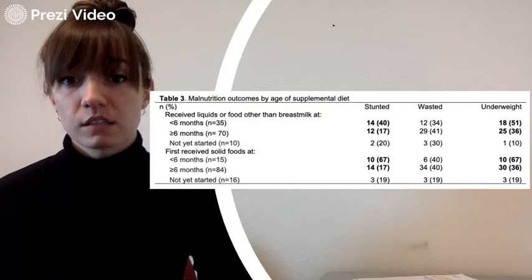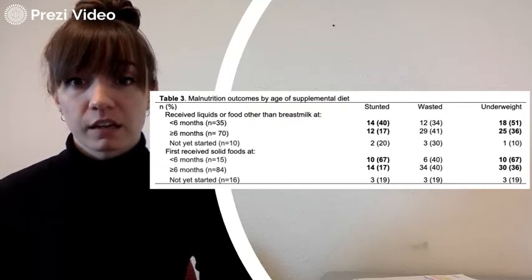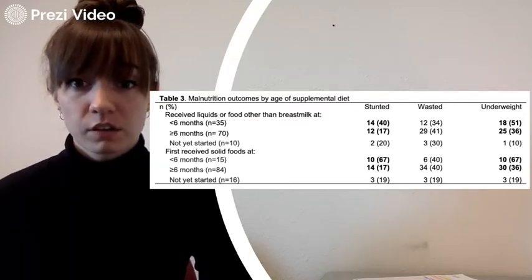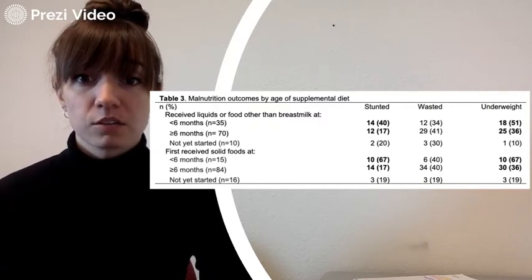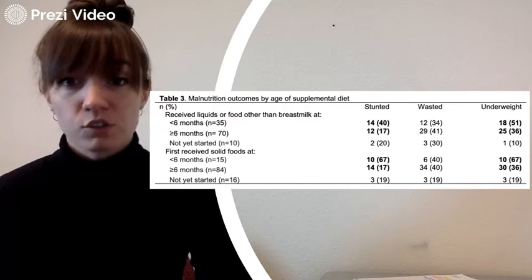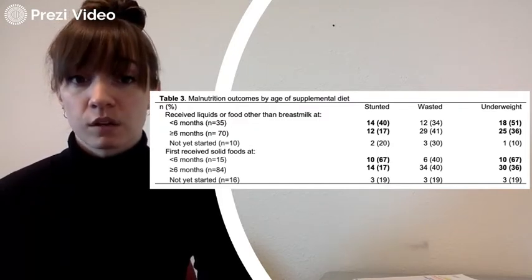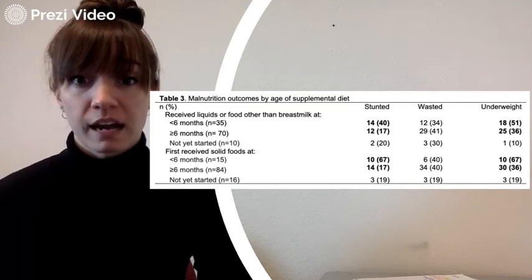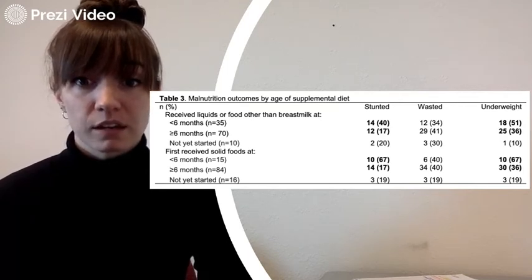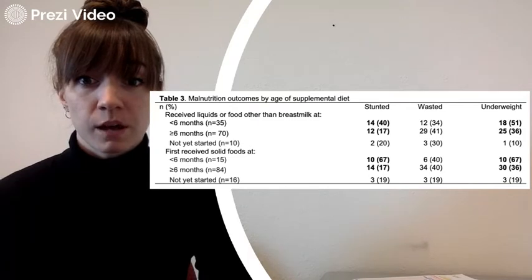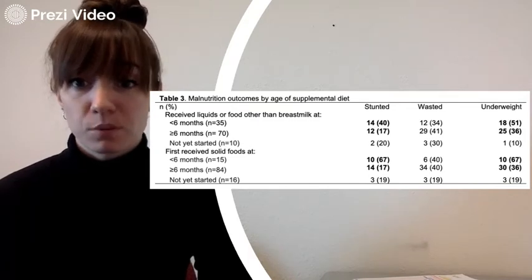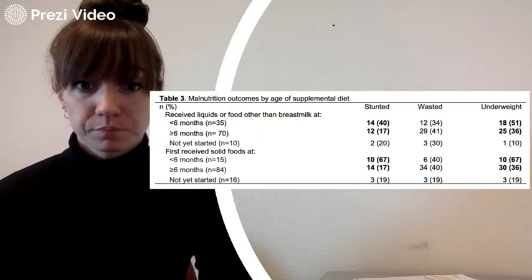And you can see that some kids were having solid foods under 6 months old, and some kids were getting liquid foods other than breast milk. And this included water and juice and other things. And you can see again that the stunting and underweight rates were a lot higher, especially with receiving solid foods under 6 months. It's a 50% difference in stunting.